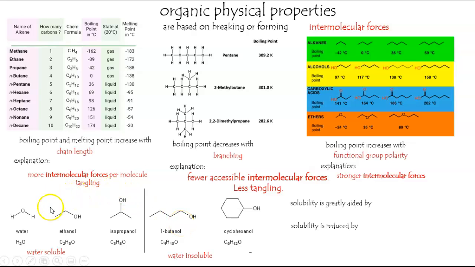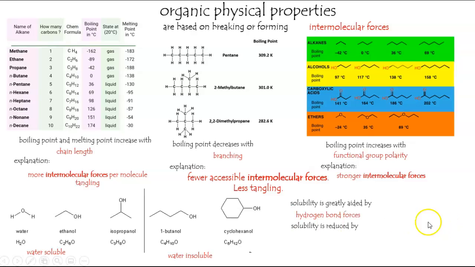Another way of explaining it is that alcohols can hydrogen bond with water, and so you can get favorable hydrogen bond interactions. That's why these are soluble with water. But as the hydrocarbon chain gets longer, there's not favorable intermolecular forces with water on the greasy side, and therefore at some point it gets water insoluble and forms 2 layers.